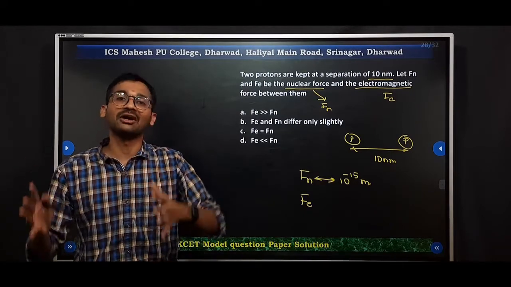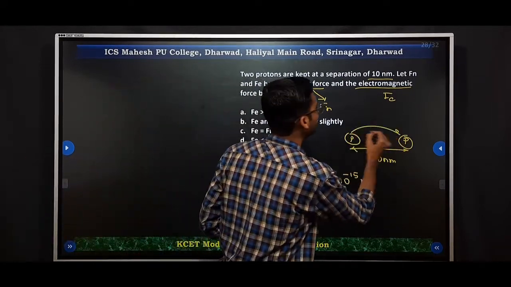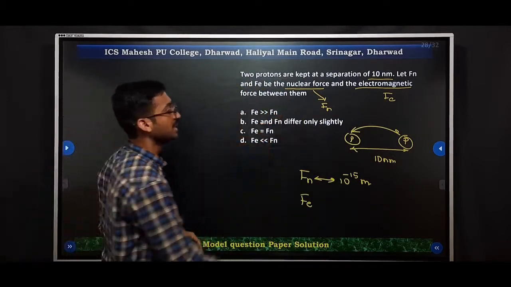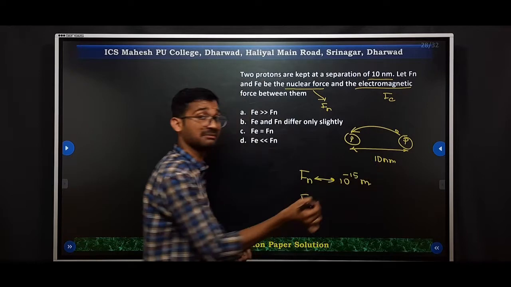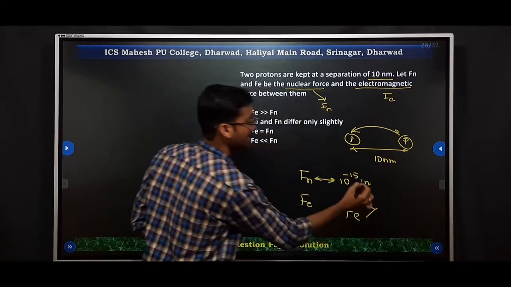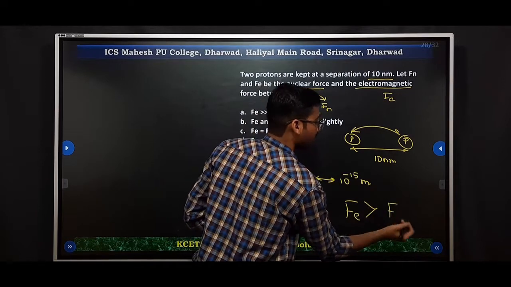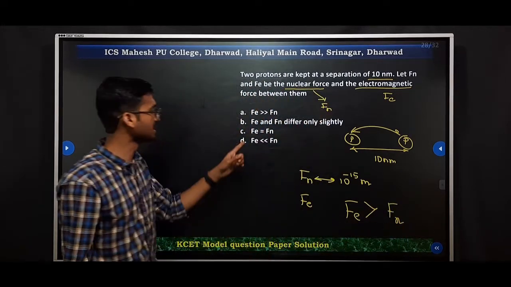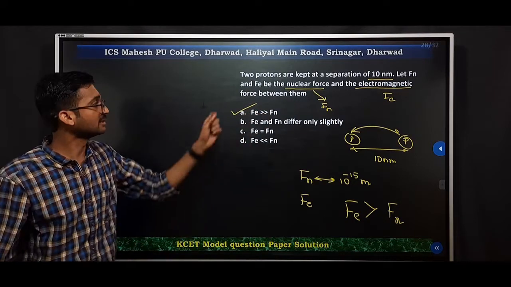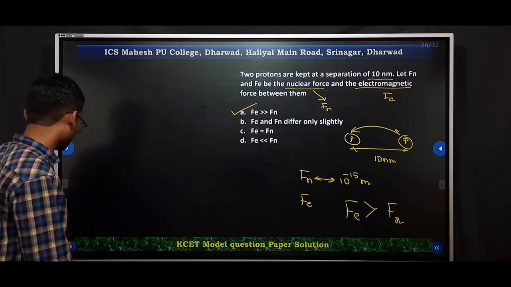The more dominant force existing between these charges will be the electromagnetic force. Therefore, for a given distance, electromagnetic force is greater than nuclear force. Therefore, Fe is greater than Fn. That is, option A is the right answer.